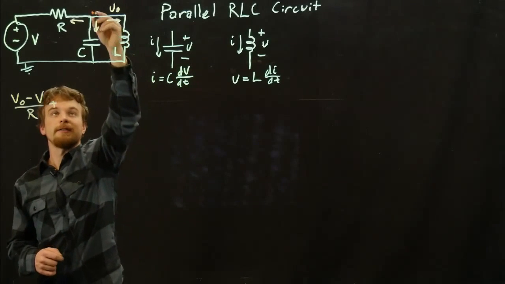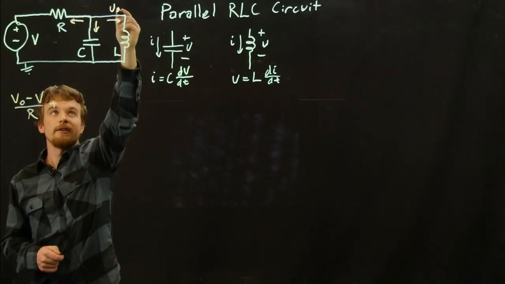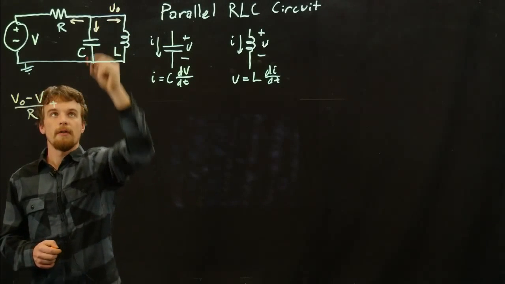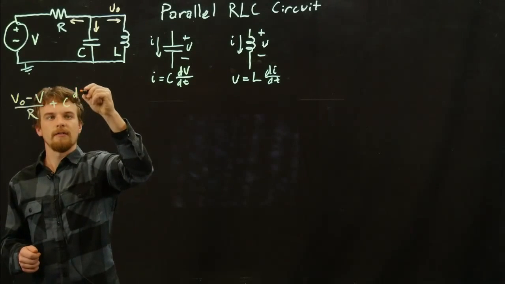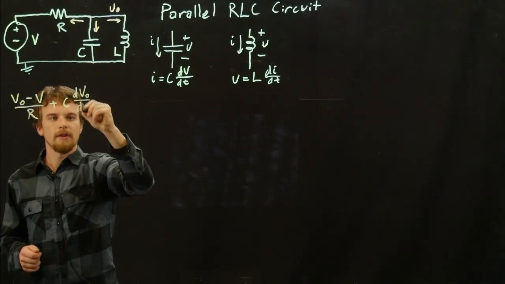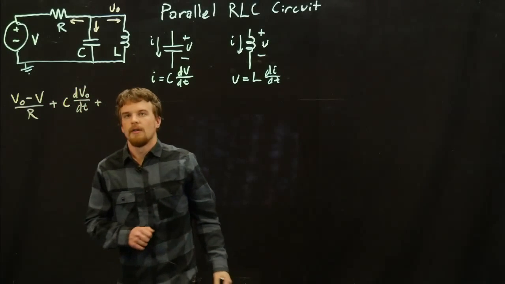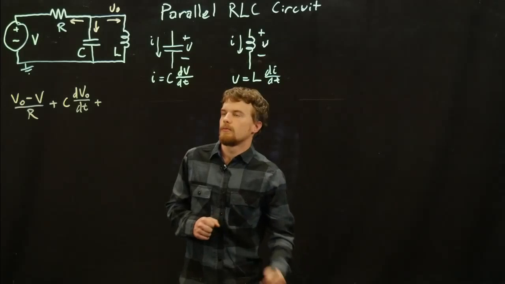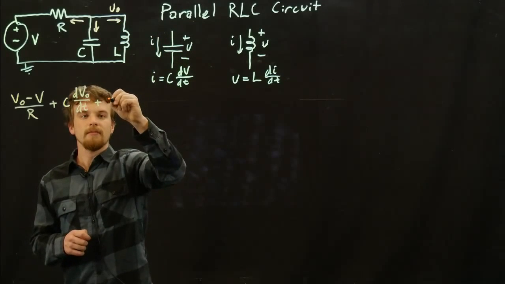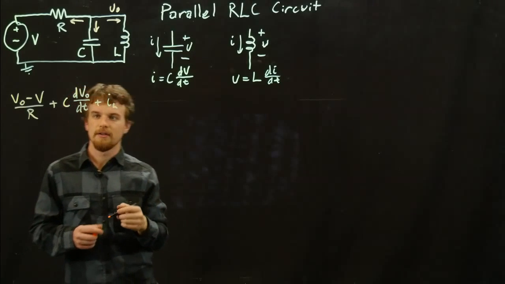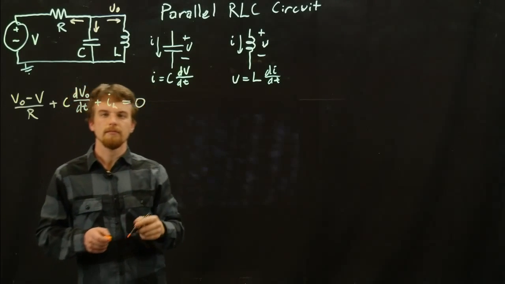The voltage across this capacitor, since we have this node set to ground, is V naught. So the current through it is going to be C times the time derivative of V naught, plus we'll call this IL for now, and we'll set this equal to 0.